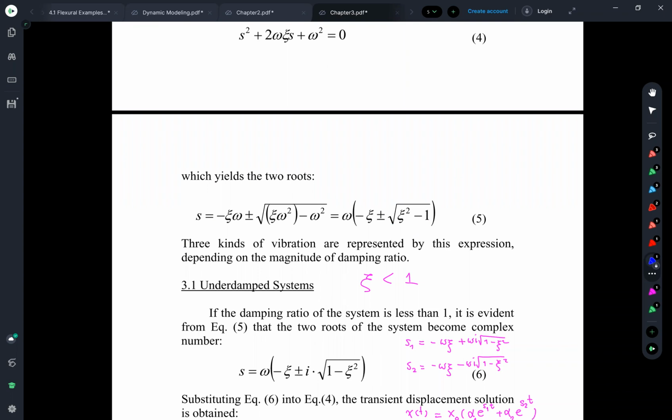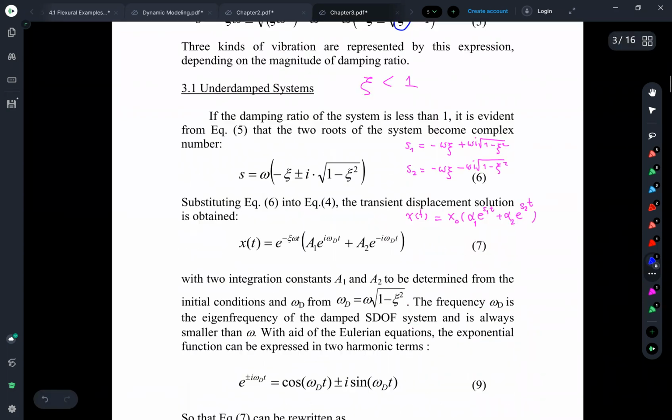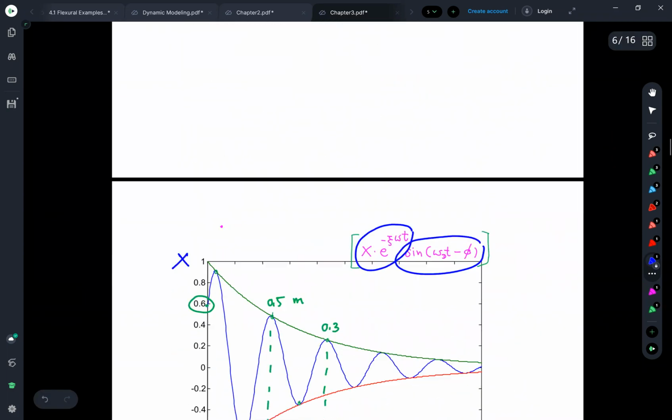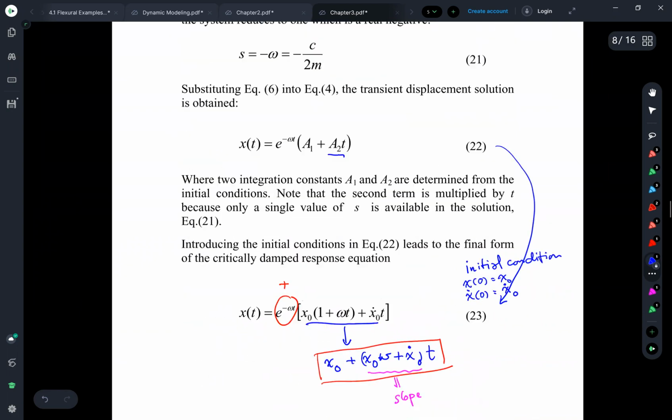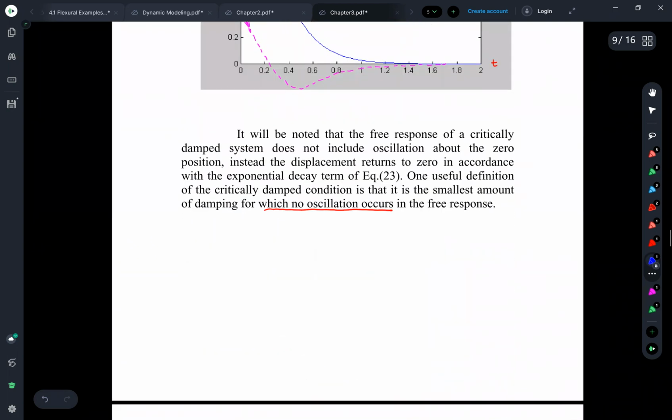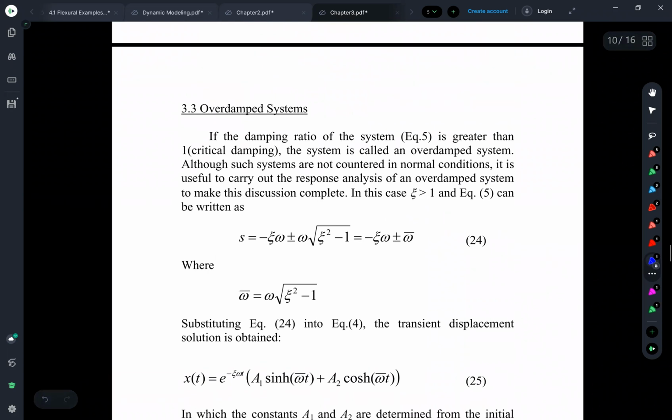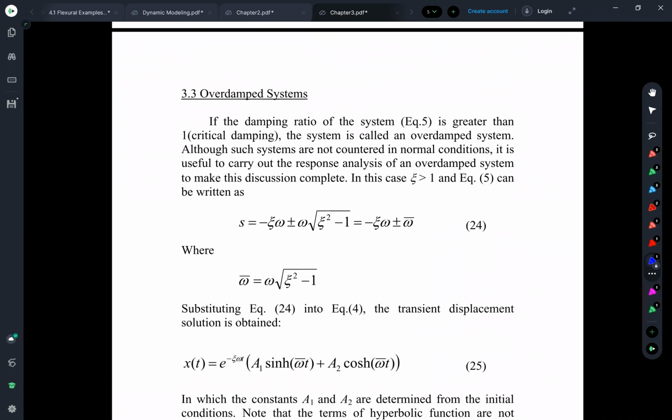Therefore, when the zeta squared here is greater than 1, this becomes a real number, just a real number, right, when you take the square root. Because inside the square root is a positive number, so it's easy. Take the square root out, and your solution in this case, the overdamped system, case 3.3, is just two unequal real roots.